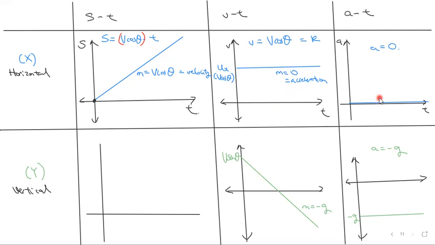And we know that this v equals, well, v sine theta minus gt. And you can think of this again as, well, y equals mx plus b, where m is negative g, and the y-intercept is, well, that.